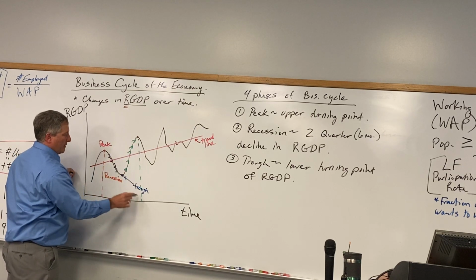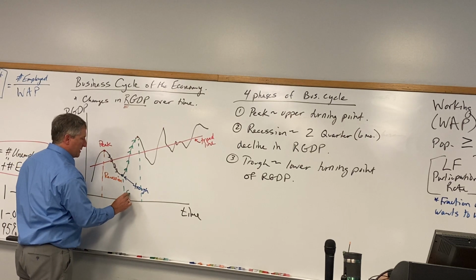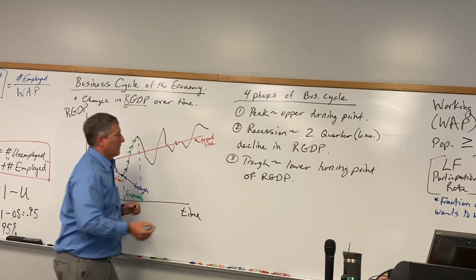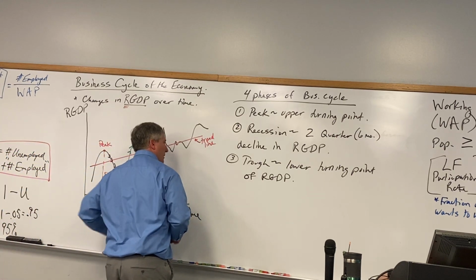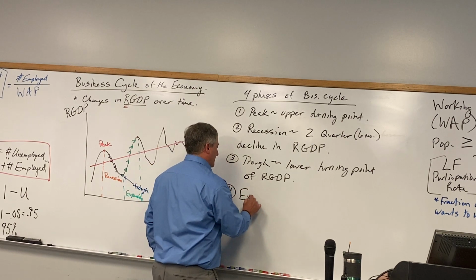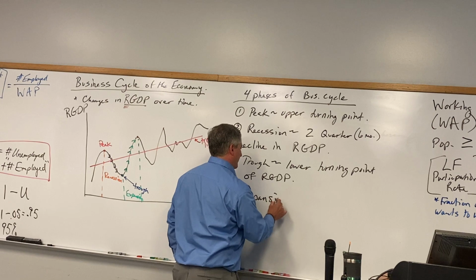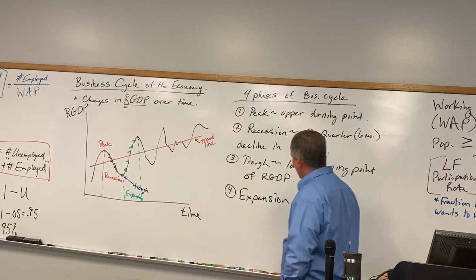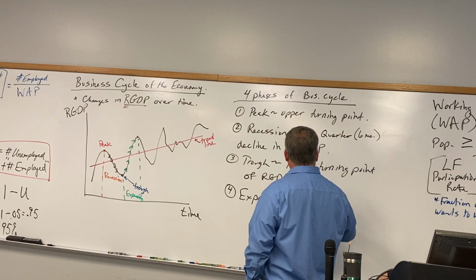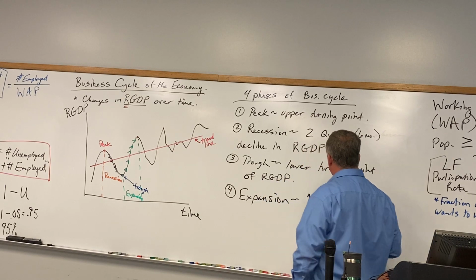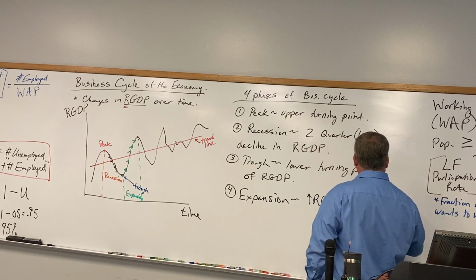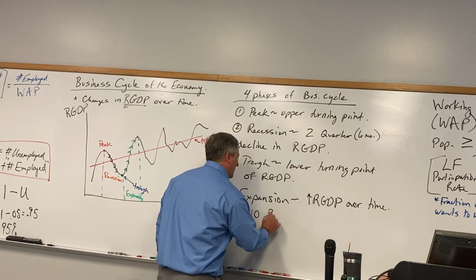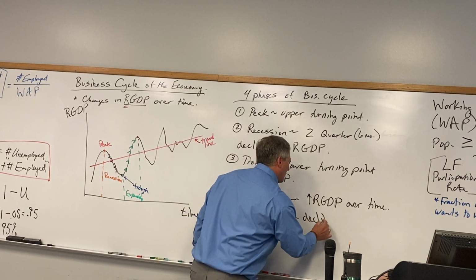And so this range here is the expansionary phase. So we have expansion. Number 4 is expansion: increasing real GDP over time, with no 2-quarter decline over that time period.